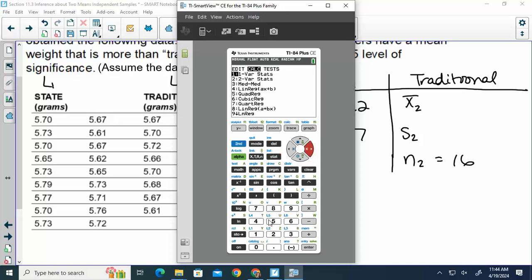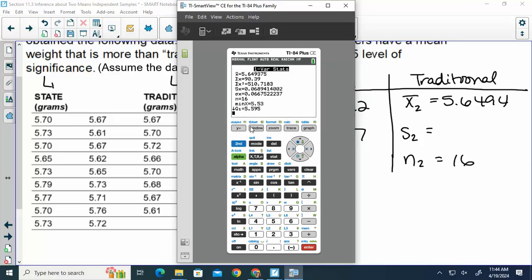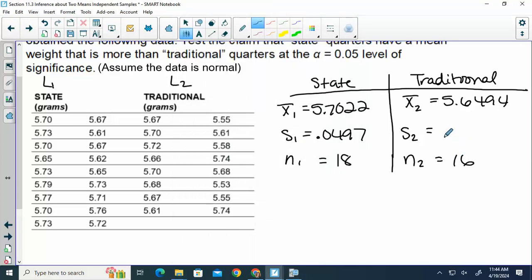So we go to stat, calculate, one variable statistics, but now switch it to L2. The mean, we get 5.6494. Standard deviation 0.0689.